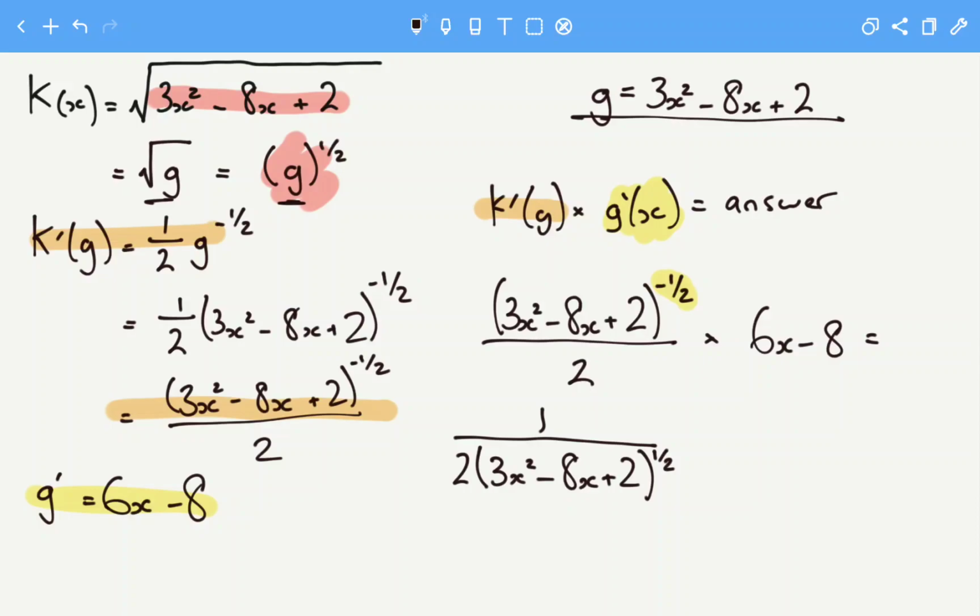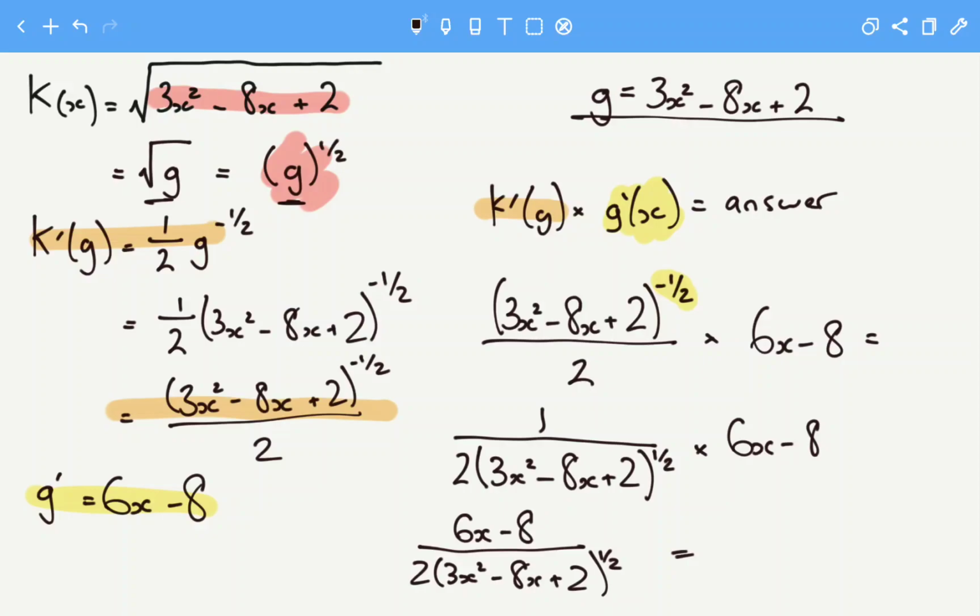Again, if that's tricky, I'd go look at the previous video because that explains it better, but we'll just move on for today. Times 6x minus 8, which equals 6x minus 8 over 2 times 3x squared minus 8x plus 2 to the power of a half.